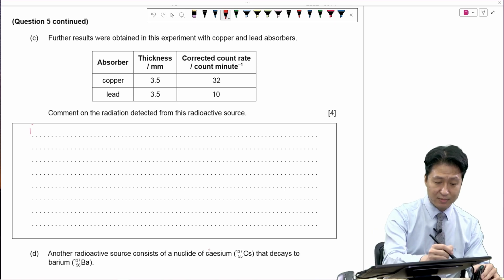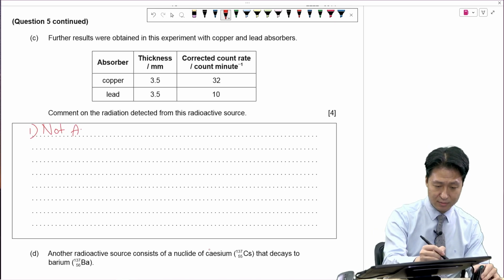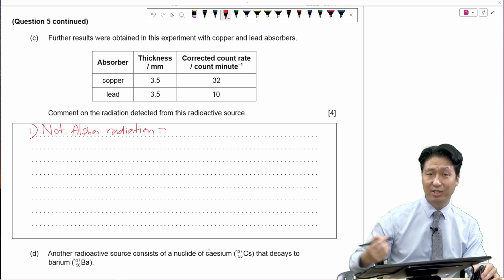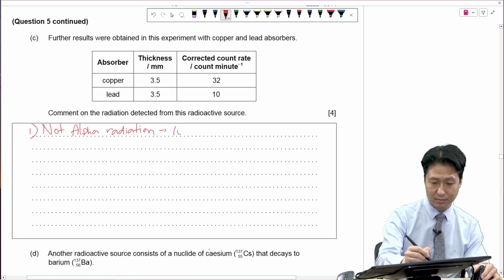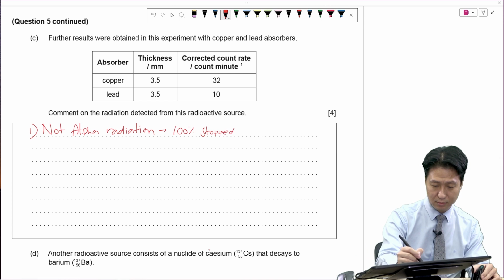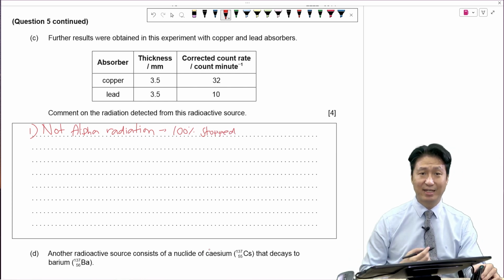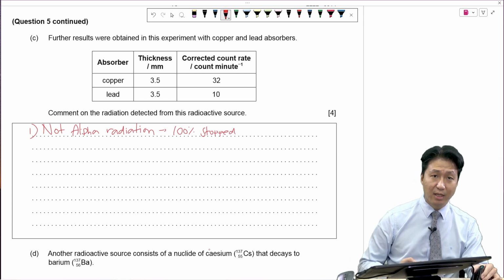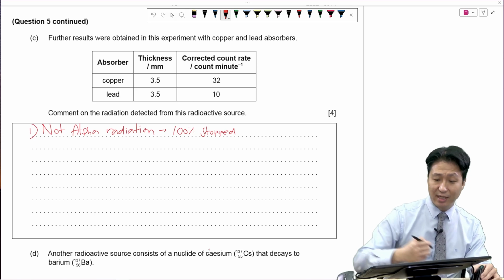Number 1, it is not alpha radiation, because this would have been immediately stopped. And it's stopped by basically anything. Second, lead absorbs the radiation better.